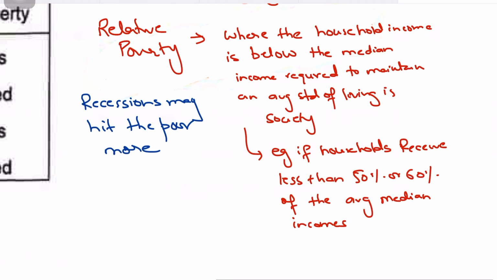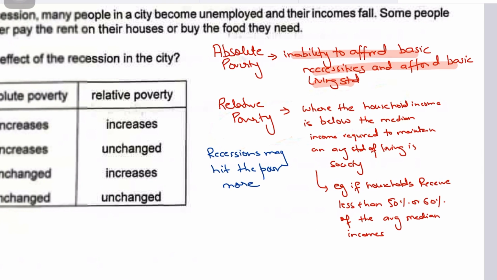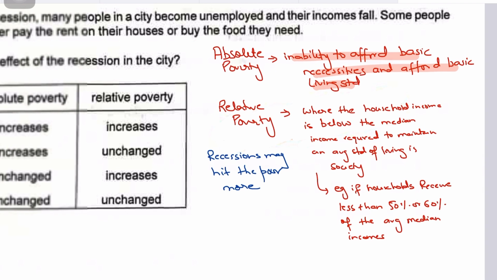So if households are usually receiving less than 50 to 60% of the median income, then there is relative poverty in society, right? And if the extent is huge, then the more unequal the distribution of income is.